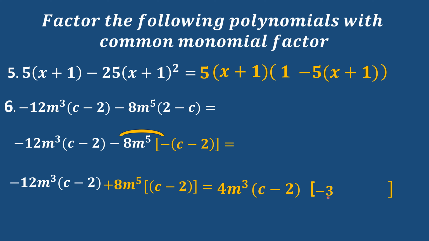Again, negative 3 times this will give us negative 12m cubed c minus 2. And this second term divided by 4m cubed will give us negative 2m squared. So there's no c minus 2 inside this grouping symbol because we already have the c minus 2 in the common monomial factor.